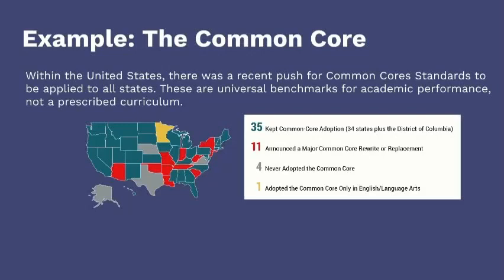They're going to replace it or majorly rewrite it. 4 states, including Texas, never adopted the Common Core to begin with. And 1 state has adopted the Common Core, but only in the particular subject area of English and language arts.